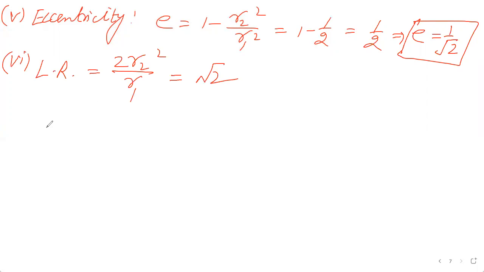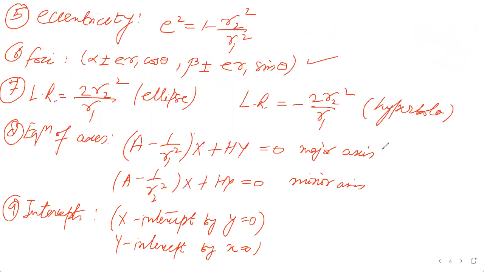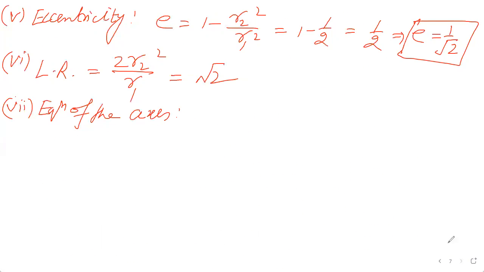Then the equation of the axis. What was the equation of the axis? The one we derived. This was your equation of axis. Major axis: (a minus 1/r1 square) x plus hy is equal to 0. Put the values in this.